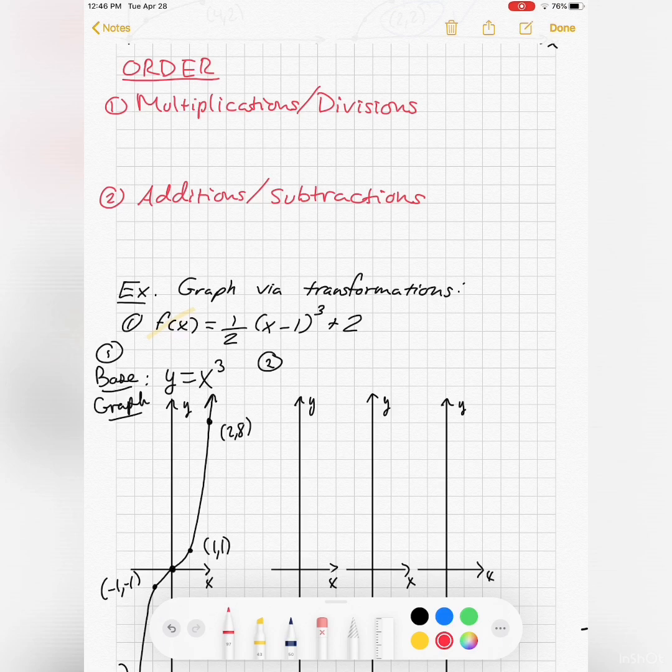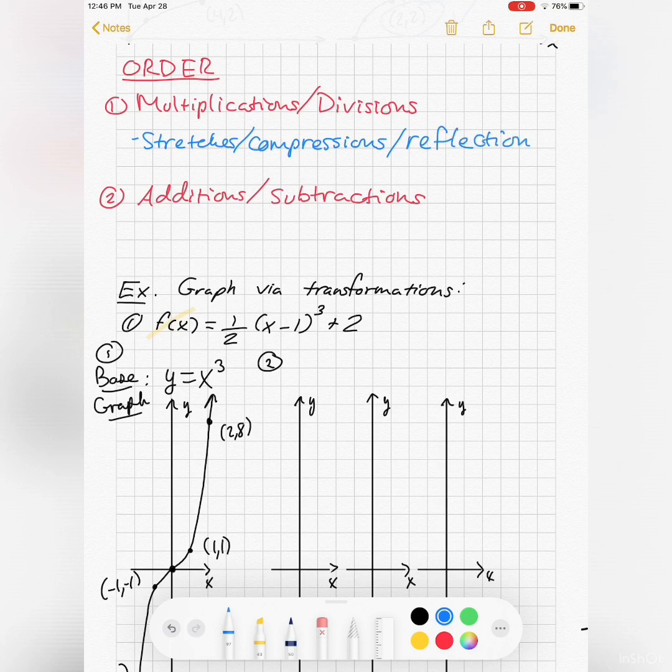Okay, so what does a multiplication or division correspond with in terms of transformations? Well, multiplications by positive numbers, those are stretches or compressions, depending on the value. Multiplications by a negative, those are reflections.